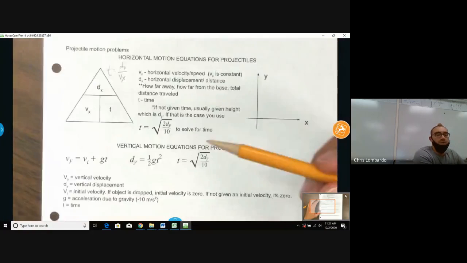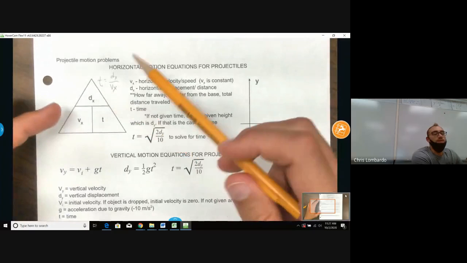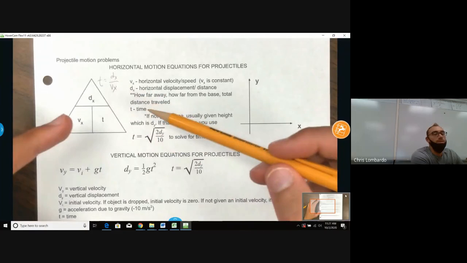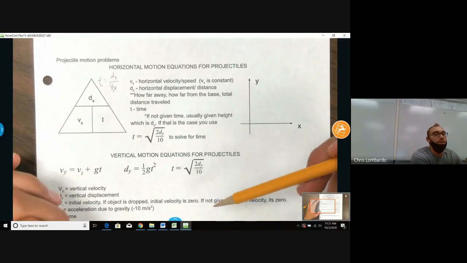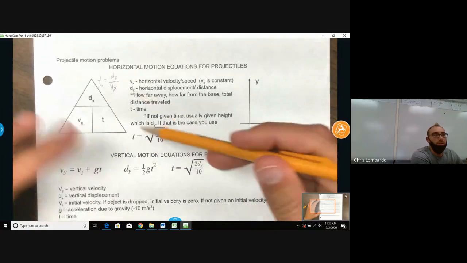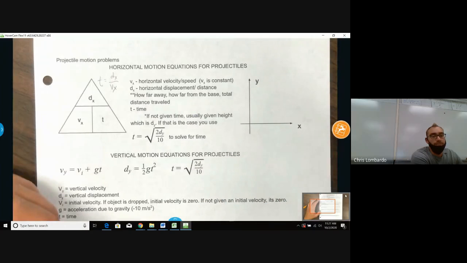Now, there are going to be certain problems where they give you a piece of information from both the horizontal components and something from the vertical. So basically, the only variable that is shown in both of these sets of equations is what?